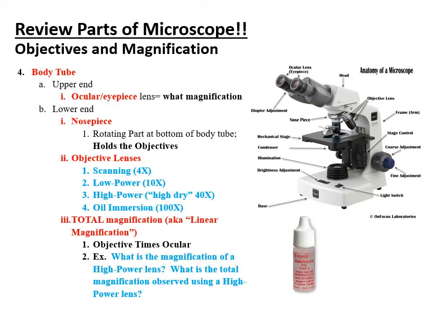So what's the magnification of high power lens? What's the magnification of an ocular? Or I can say, what is the total magnification observed using a particular lens? So I want you to circle total. Circle, star, highlight that word. If the question says total, that means you have to multiply the objective times the ocular. So we're going to practice with that on the next slide.